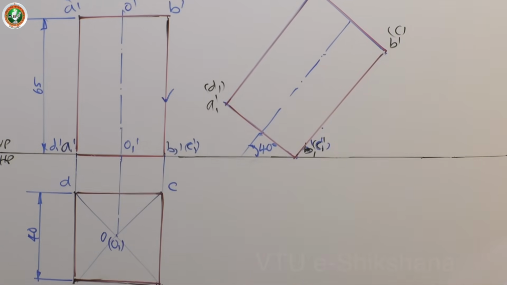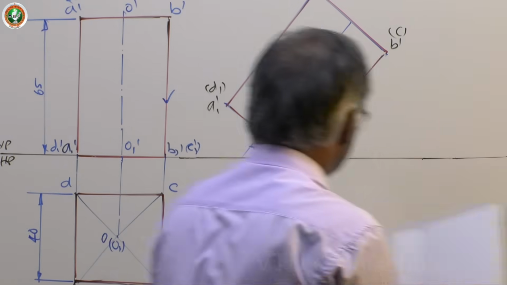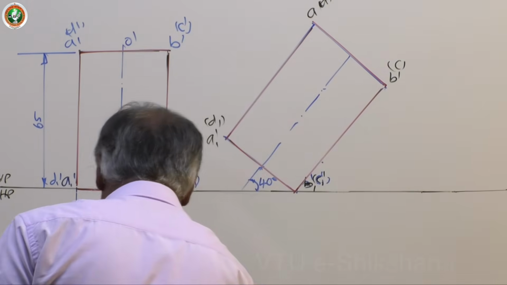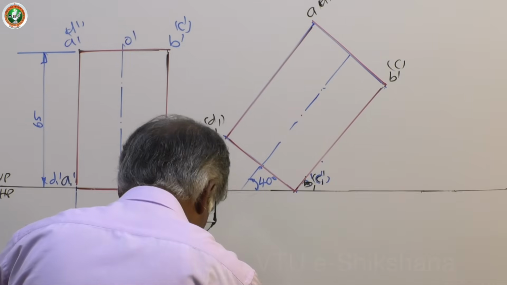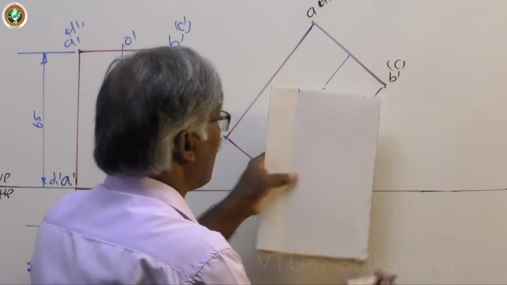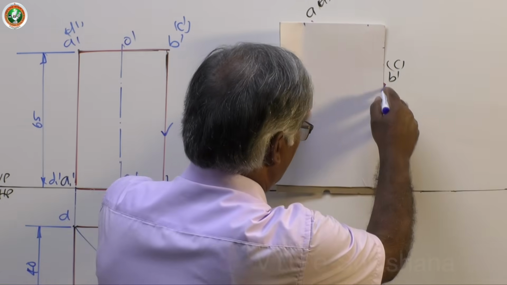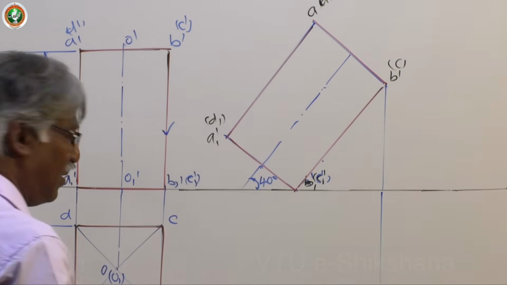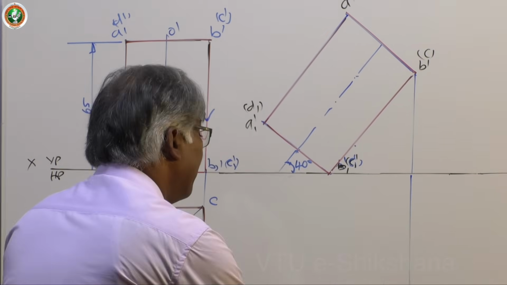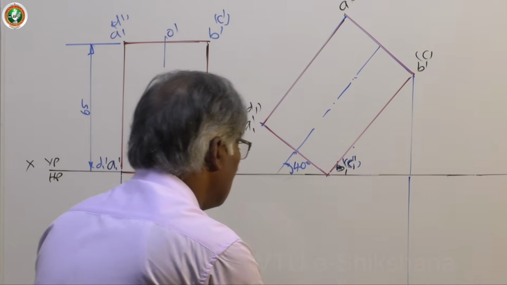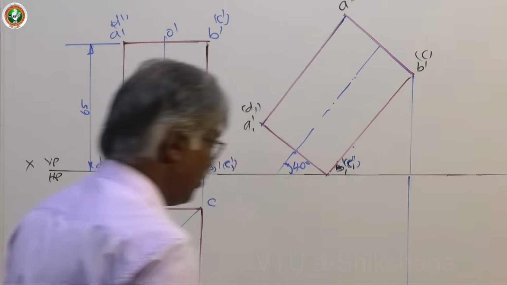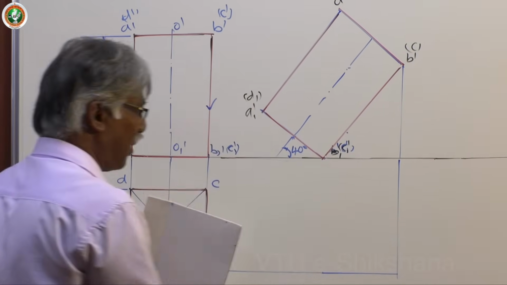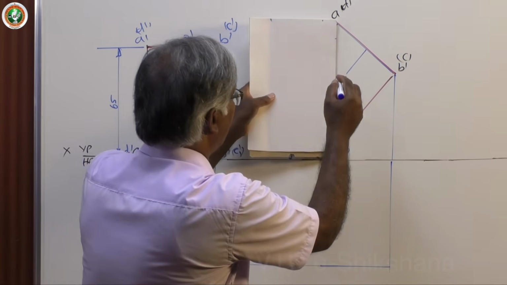So, to get the top view, draw projections carefully. First, the rightmost line and then the bottom line. Unnecessary projections you can avoid. Then draw up to this. This becomes stoppers for you. Again, I am repeating many times.